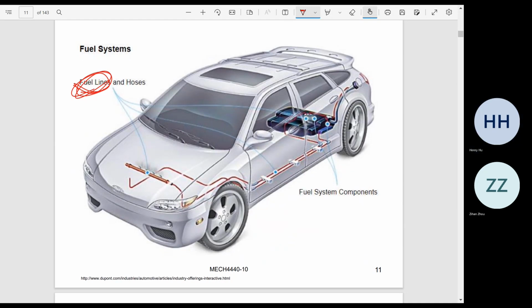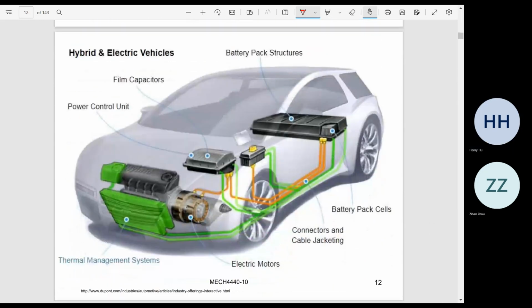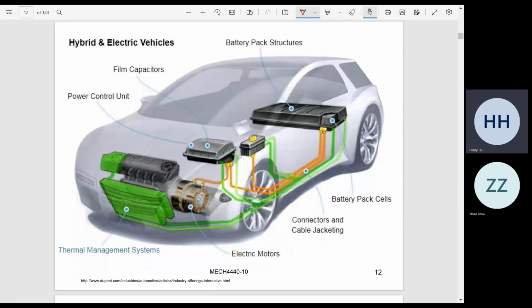And for the electric vehicle, hybrid vehicle, whatever, you use a lot of electronics, so you use polymer as a material for insulation. For the battery, you can use a polymer as a case to hold the batteries, and it's also good to prevent fire.